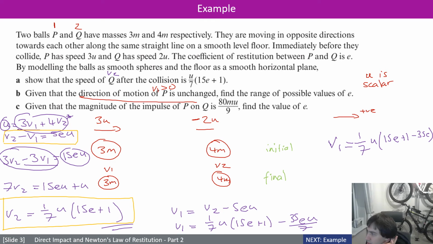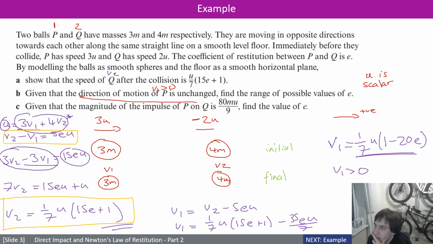And then 15E minus 35E is minus 20E. So let's just write that in directly. Yeah, and that's correct. So V1 is this, and we've been told V1 is greater than 0.